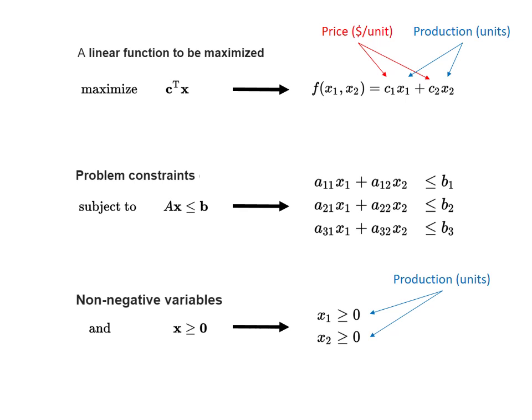The second part of this are the problem constraints. And so we are multiplying a matrix A of coefficients times our vector x of decision variables. And when you do that, using matrix multiplication, you end up with a system of equations. And here B is also a vector as well.